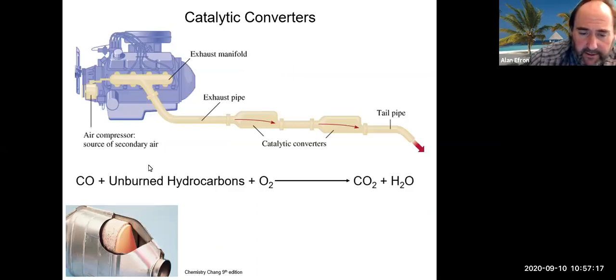And there's our car and our catalytic converters. Again, burning some unburned hydrocarbons and some nitrous oxide and all that kind of stuff out of your tailpipe so it doesn't go into the environment, and making CO2 and water, as opposed to releasing these unburned hydrocarbons into the environment.